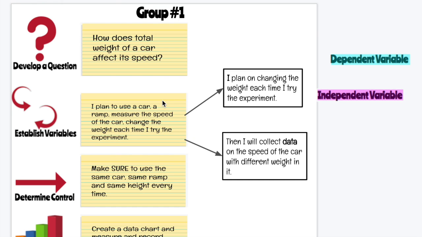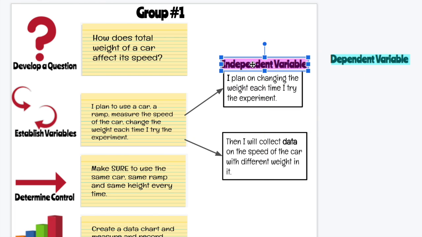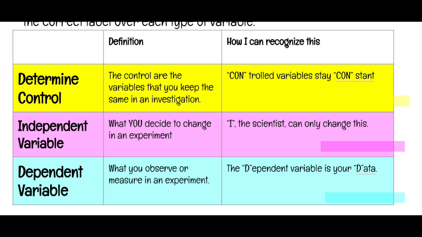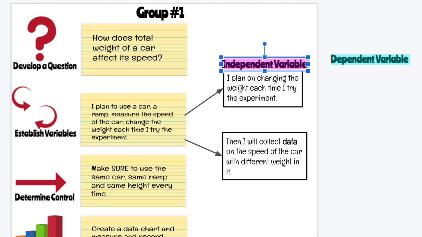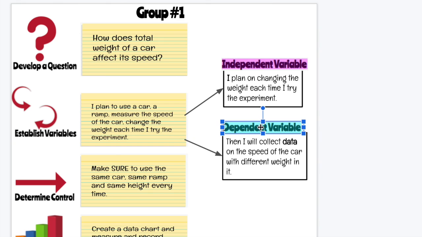In our case of the car ramp, we're going to be changing the weight each time we test the car. So since I, as the scientist, am changing that, that becomes the independent variable. Then the dependent variable is the data we collect. So every time we change the weight of the car, we're going to see if it goes faster. That becomes the dependent variable because we're going to collect the data on how fast the car went.